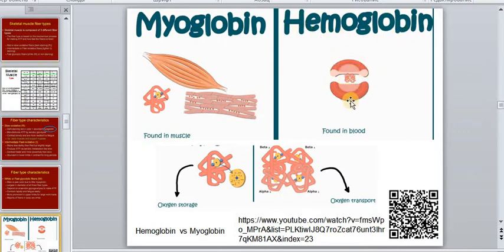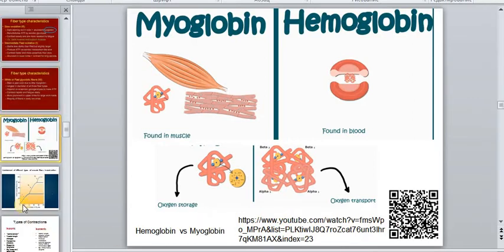This protein keeps oxygen and moves it through the blood flow, but inside the muscle we have almost the same protein. It's better to watch the video about these molecules for understanding how much energy we can have in different types of muscle fibers, which contain more or less of these myoglobin molecules.